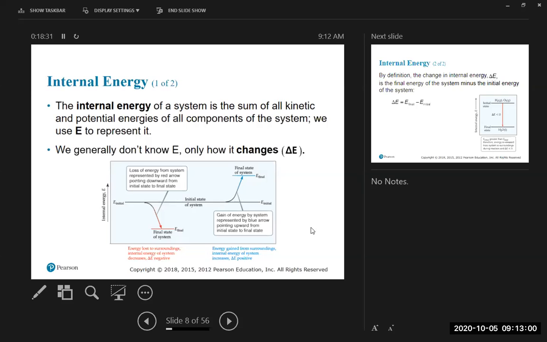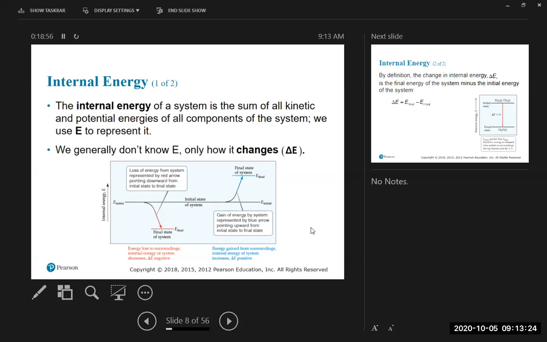So in our plot here at the bottom, we have initial energy at the initial state of the system. That's the straight line going across. And then we have an example where the final state of the energy goes down, and we have an example of where it goes up.